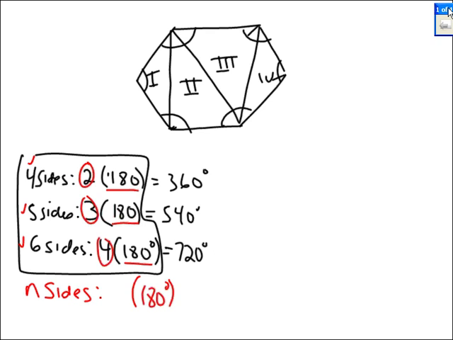Then I say, look at this. 4 minus 2 is 2. 5 minus 2, namely 3, is that number. 6 minus 2 is that number. If you take away 2 from the number of sides, you keep getting the number that you multiply the 180 by. N minus 2.